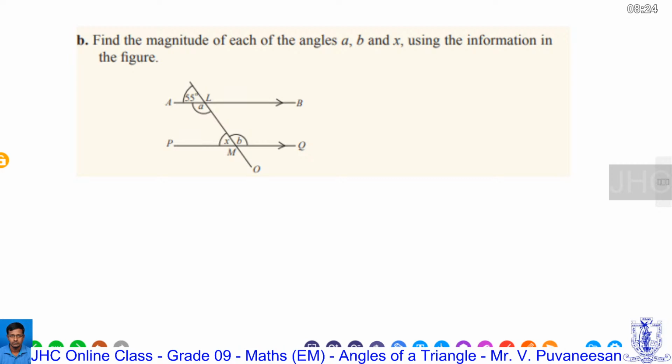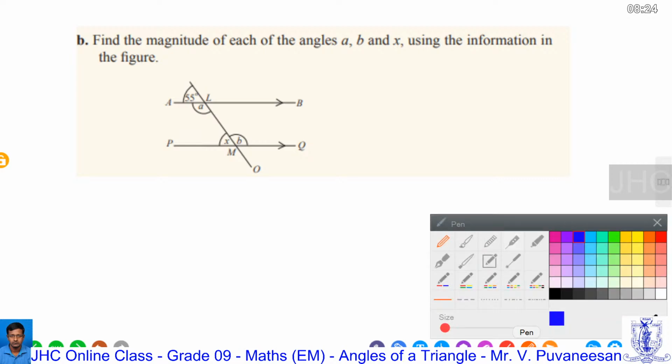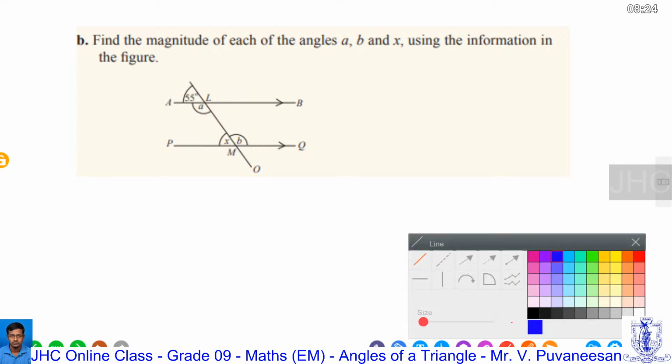Okay, let's try. We know in here there are two parallel lines intersected by the transversal, so we can apply corresponding angles, alternate angles, and allied angles. Corresponding angles are equal. Sum of allied angles is 180. Alternate angles are equal. In here, look at this.